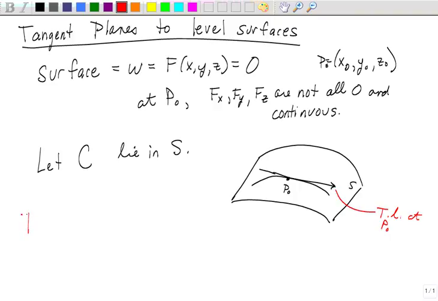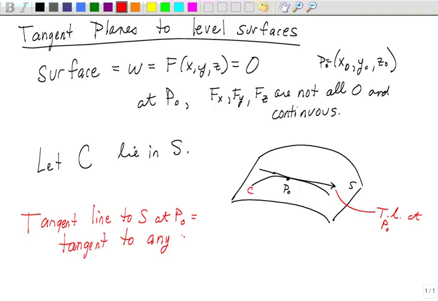Okay, so this is the curve C. It is tangent to any curve that lies in S and contains the point P0.